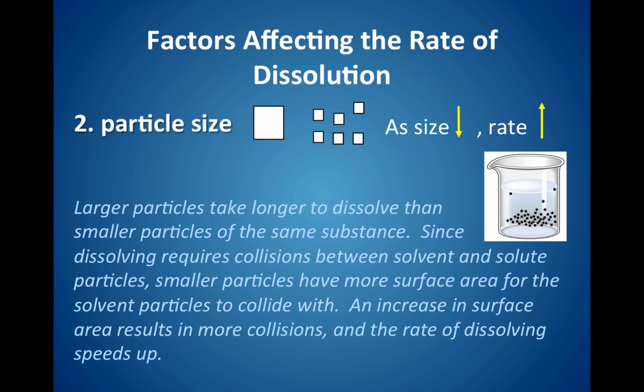Since dissolving requires collisions between solvent and solute, smaller particles have more surface area for the solvent particles to collide with. This increase in surface area results in more collisions between the solvent and the solute, and the rate of dissolving speeds up.